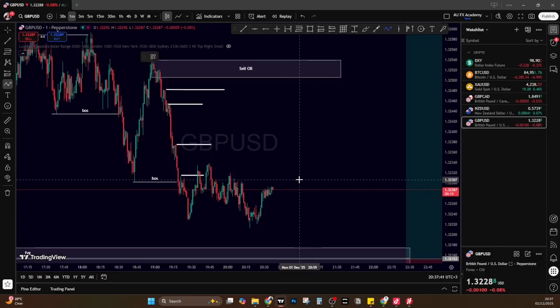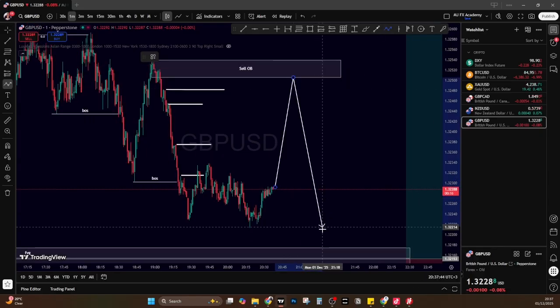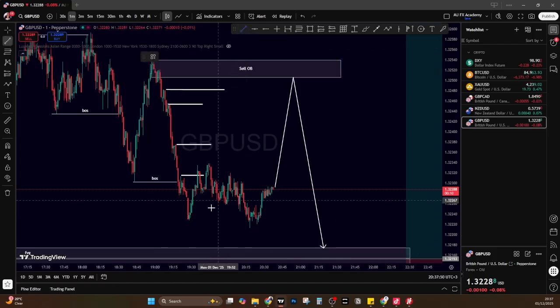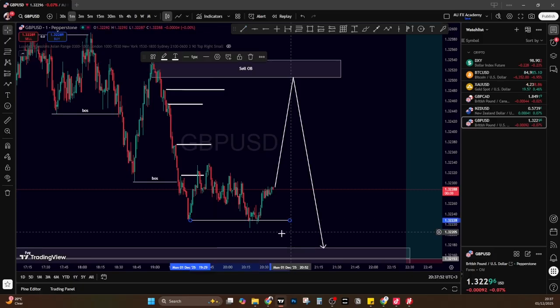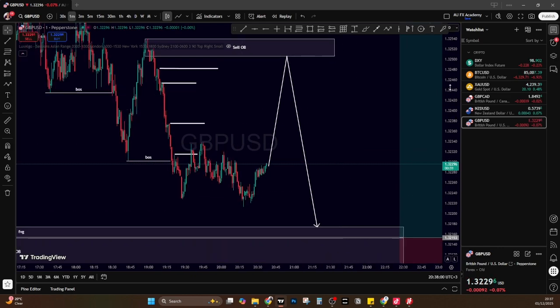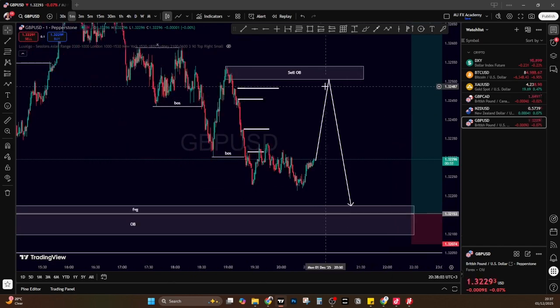So you expect that the market should come before it breaks structure further. And if you look at what is happening here, the market didn't break structure. What it did was take liquidity. It took this liquidity and it's now continuing to go up. Now, this one is only valid if this market does not come to our order block.